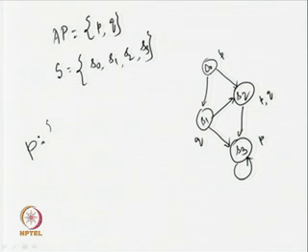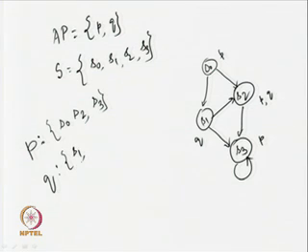If you see these, then these are S0, S2 and S3, and which are the states where the atomic proposition Q is true? In this case, you will find that these are S1 and S2.